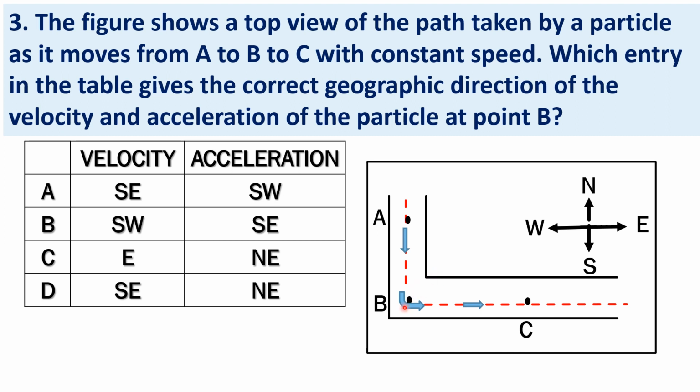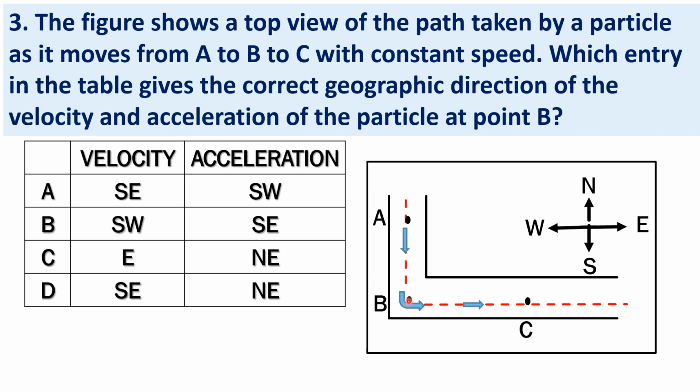So if the net force is towards northeast, then it follows that the acceleration should also be northeast. But there are two entries here which say northeast, northeast. Therefore, we have to describe the direction of the instantaneous velocity as well.